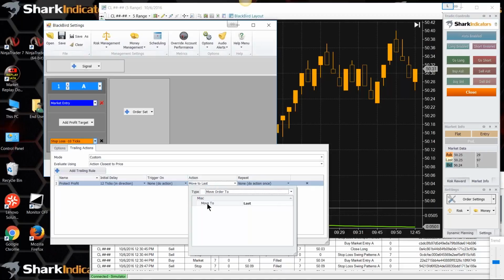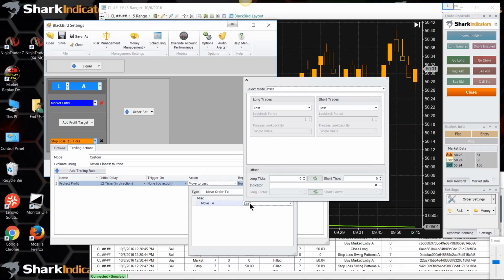Let's open up the action. We don't want to move our stop loss to the last price. That would move our stop loss up to wherever the market is. Remember, the last price is where the market's at. Last price and market price are the same thing in NinjaTrader.